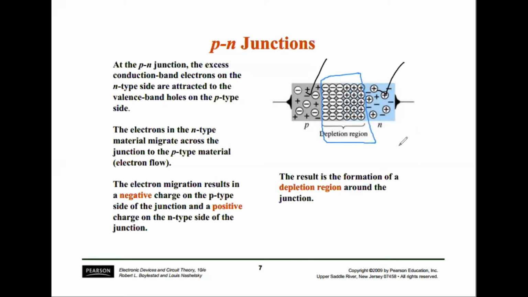There is no free charge here. When we have connected two materials having free charge, one has holes in it and the other has electrons in it, and you are connecting them, here you will have another region which is depleted of all the charges. This region is called the depletion region, as it is written here.